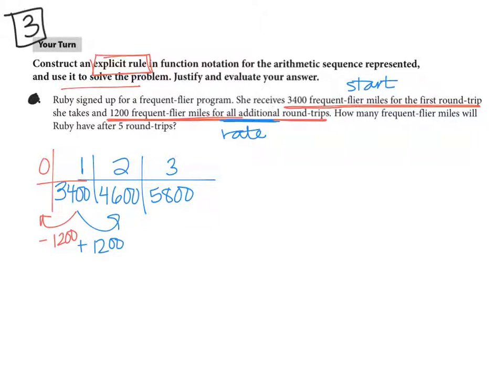So my 0 term then, if I subtract 1,200, is going to be 2,200. So when I go to write my formula, I've got my starting value, 2,200, plus my rate of 1,200 each time. So I'm going to put the variable there. And then how many frequent flyer miles will she have after 5 round trips?